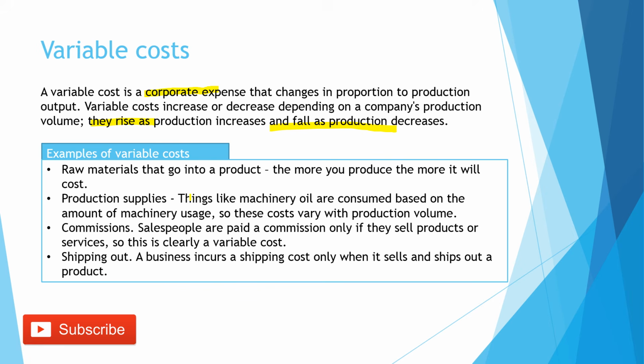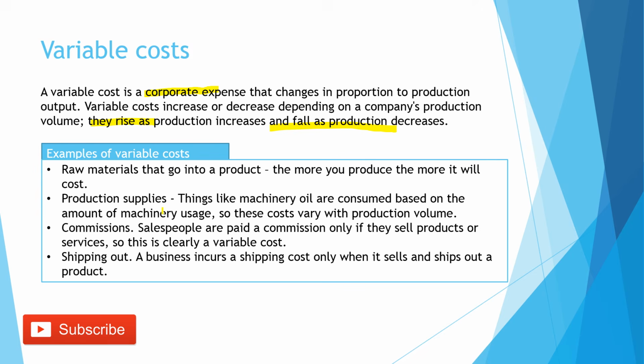So for example, you might be thinking, what are variable costs then? Well, the variable costs are things like raw material that goes into the product. So the more you produce, the more it will cost. So the more you'll have to buy from the suppliers, so the more you'll have to pay. But the less you use, the less you'll have to buy, and the less you'll have to pay the suppliers. And that is why it's variable. It's not the same as fixed cost.